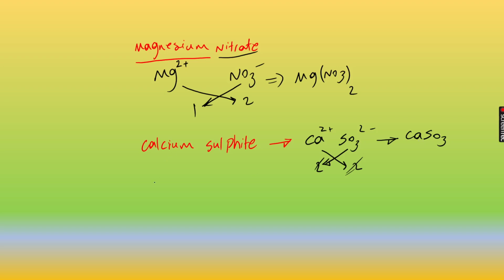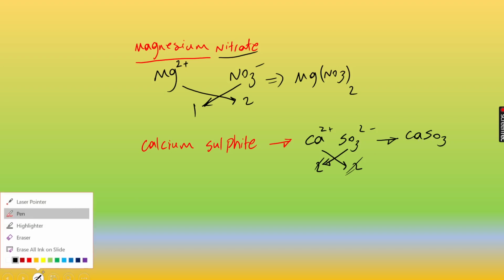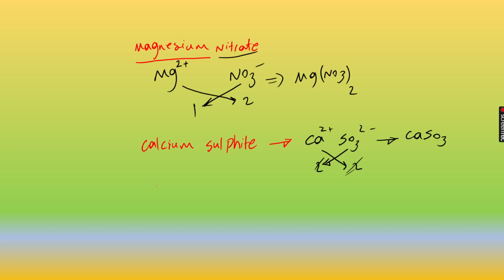Another example. For example, you want to write iron 3 sulfate. Look, sulfide, sulfate. Sulfate has one more oxygen than SO3, so it should be SO4.